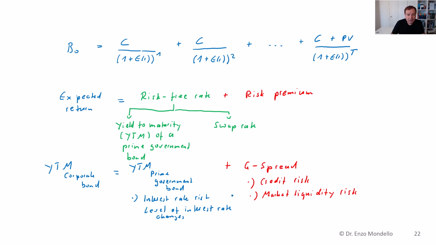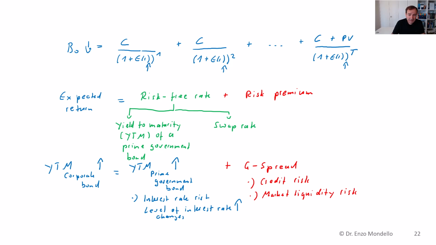If the level of interest rates increases, then the yield to maturity of the prime government bond rises, which results in an increase of the yield to maturity of the corporate bond. And the yield to maturity can be used to calculate the bond price in a cash flow model. So we have a higher expected return, and a higher expected return results in a lower bond price. So that's interest rate risk.